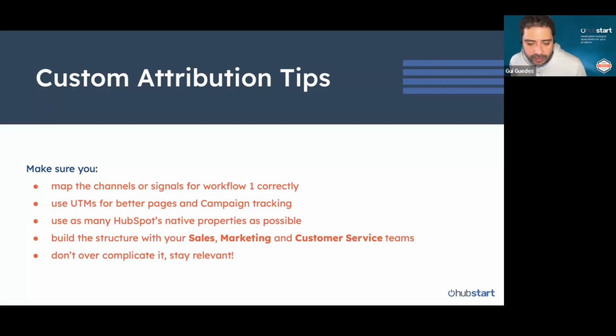And HubSpot's native properties work very well, so you should use as many as possible. It does not mean that you cannot create more custom properties. It's not that. It's just that you should have a balance. If there's a property that you can use and you don't need to create another one, you should go with the HubSpot native one.